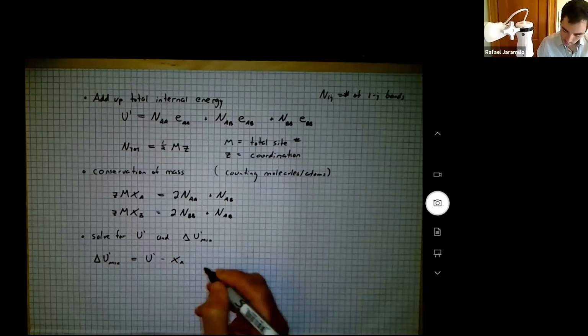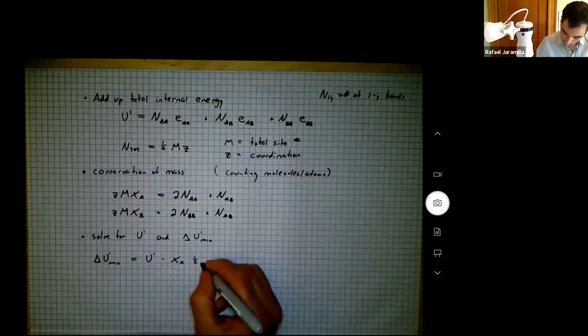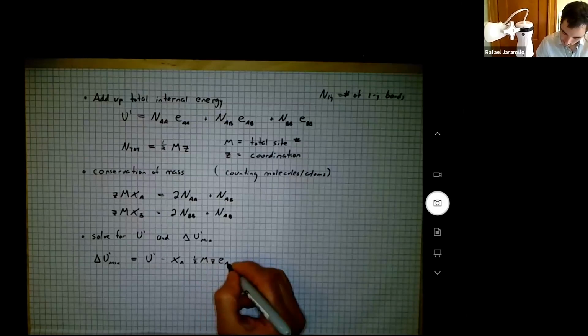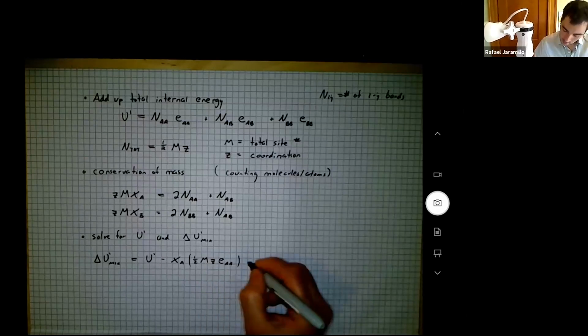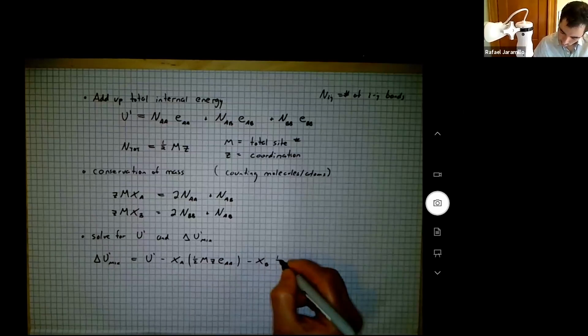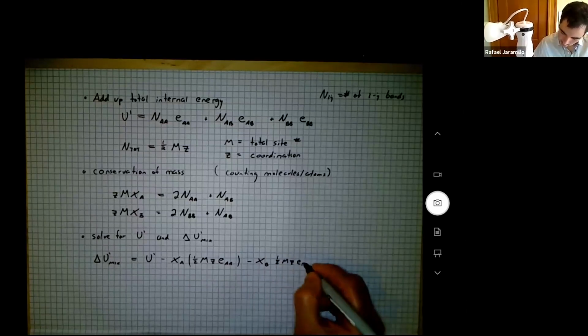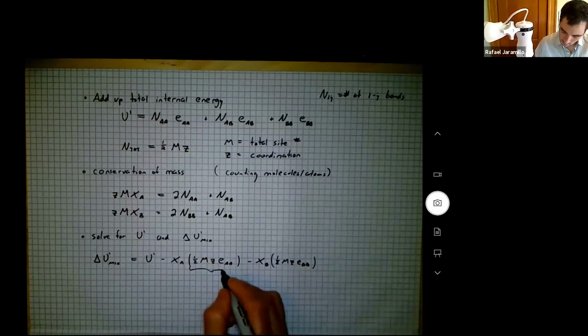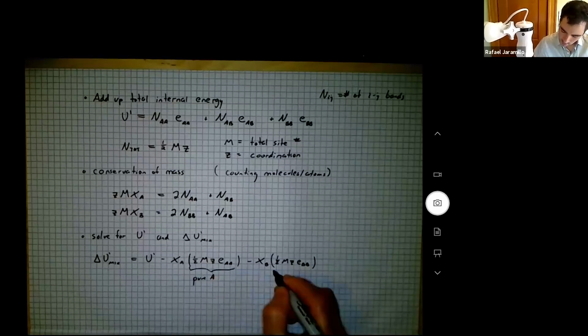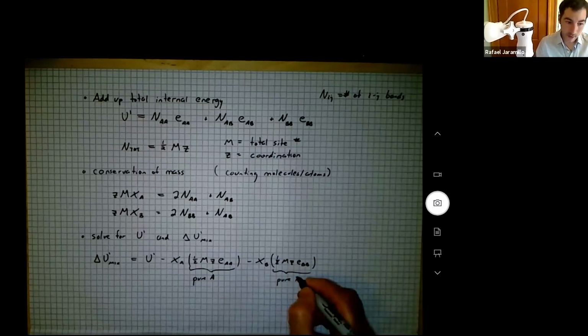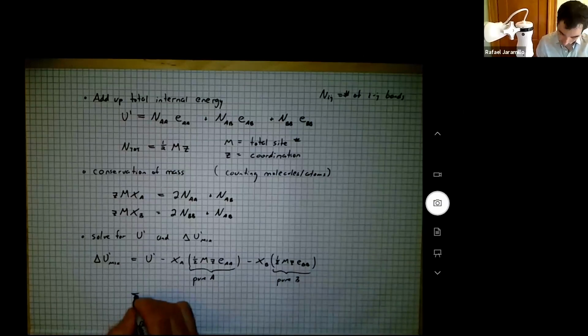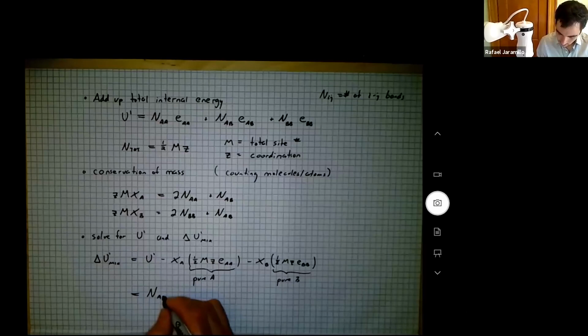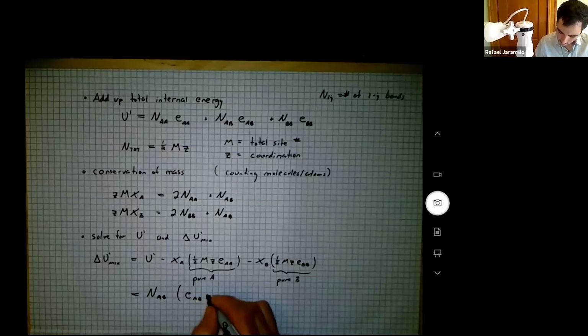Let's imagine pure A, M Z E_AA over 2, and similarly for B. So now we're imagining lattices here of pure A and pure B. And if you plug in the numbers from above, you find a pretty simple expression. It's N_AB times the quantity E_AB minus 1/2 (E_AA plus E_BB).